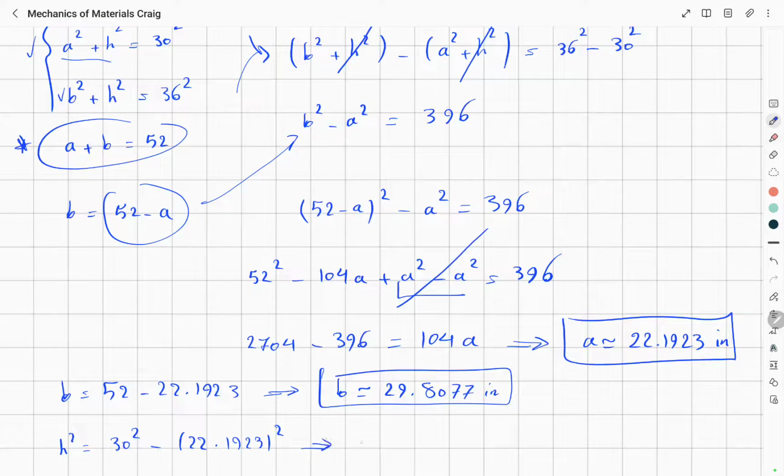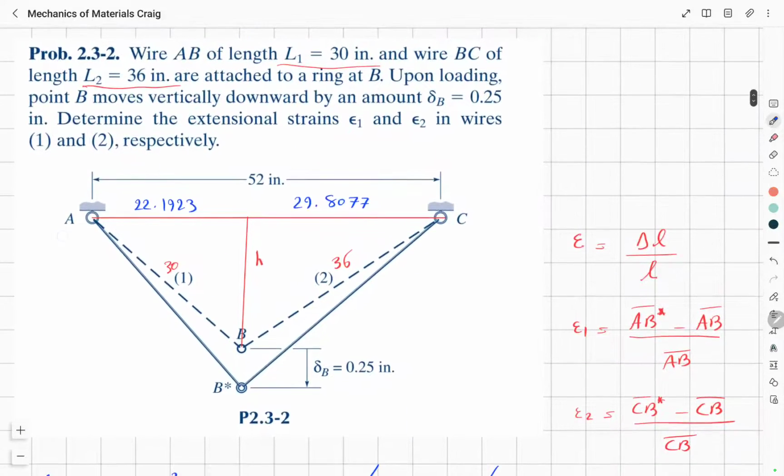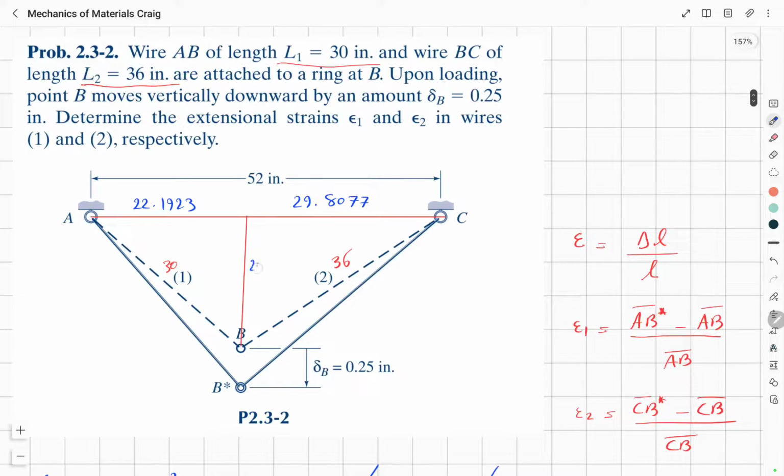So H would be approximately equal to 20.1867 inches. So here, 20.1867.